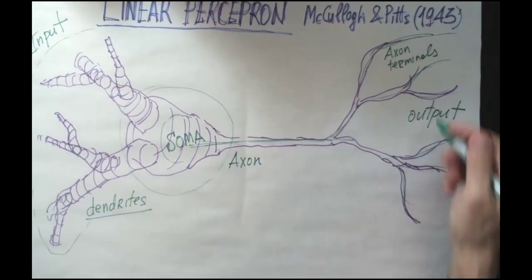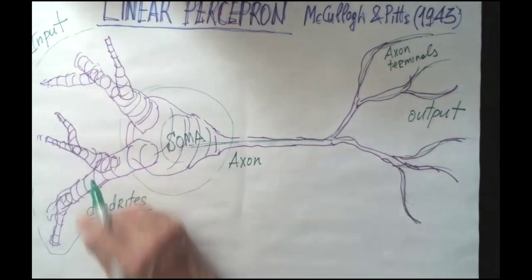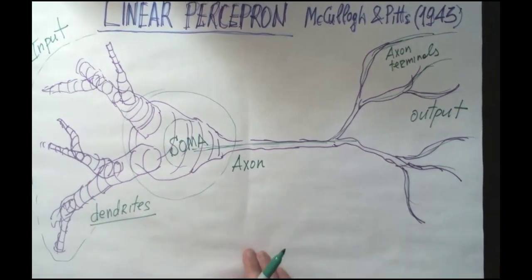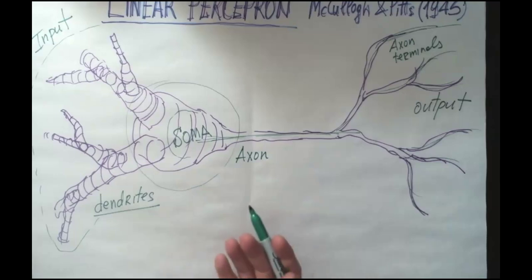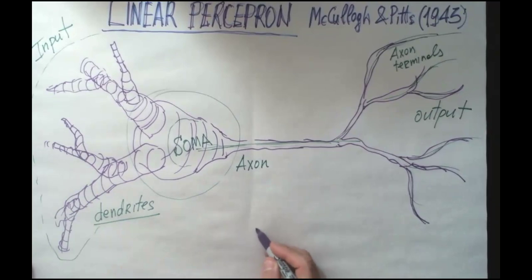This output then becomes the input of other neurons, forming a so-called neuronal network. And so the mathematical model of a perceptron can be thought of in the following way.